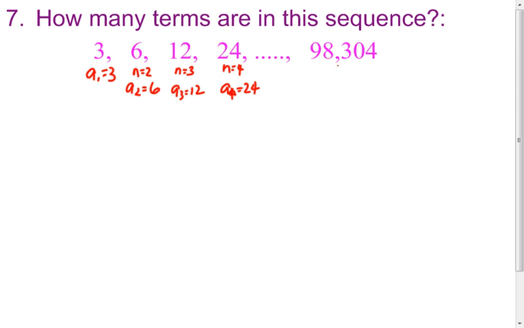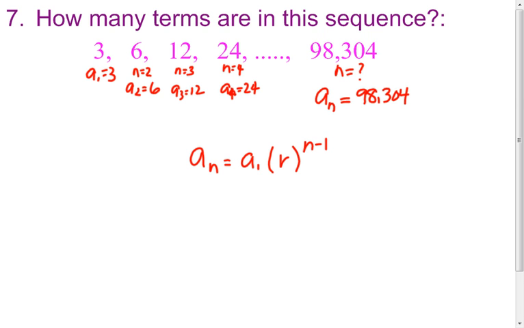Here, the problem is I don't know n, but I know that an, I don't have a number to plug in for n, is 98,304. Okay? This we know is a geometric sequence, so I am going to use this formula again.